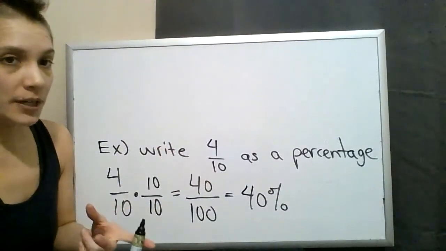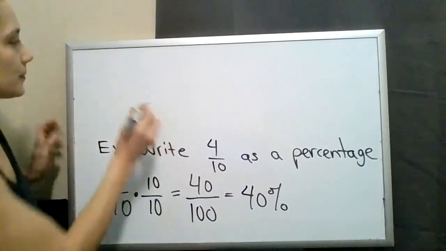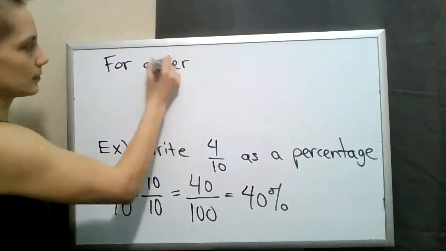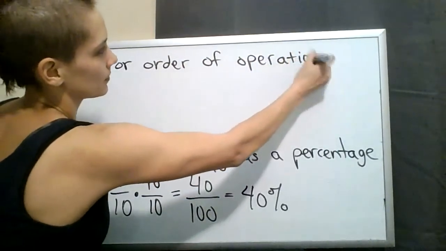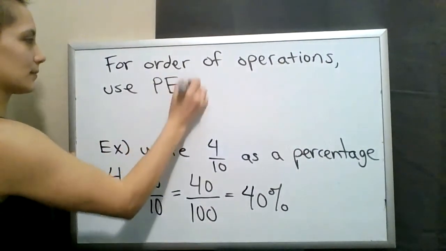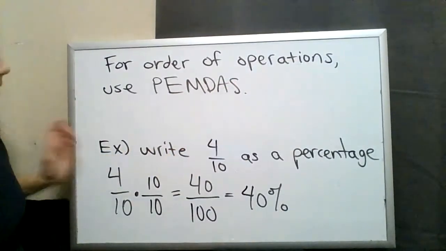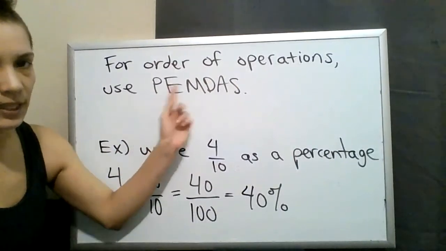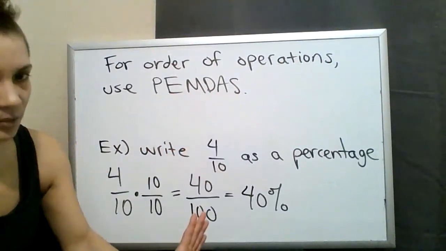So for order of operations, I'm going to use that acronym PEMDAS. And we'll write everything down: parentheses, exponents, then multiply or divide, and at the end, add or subtract.